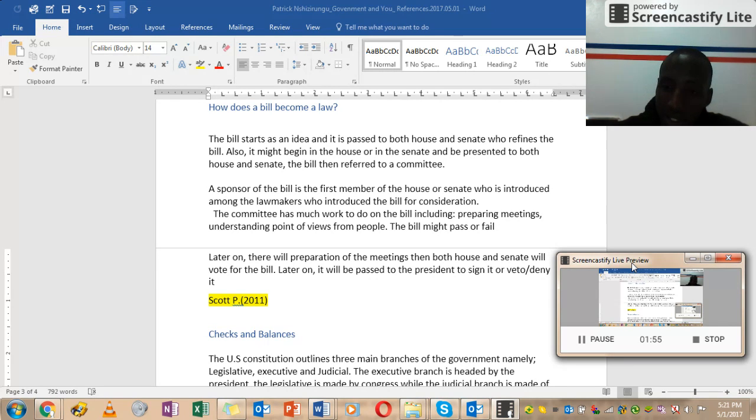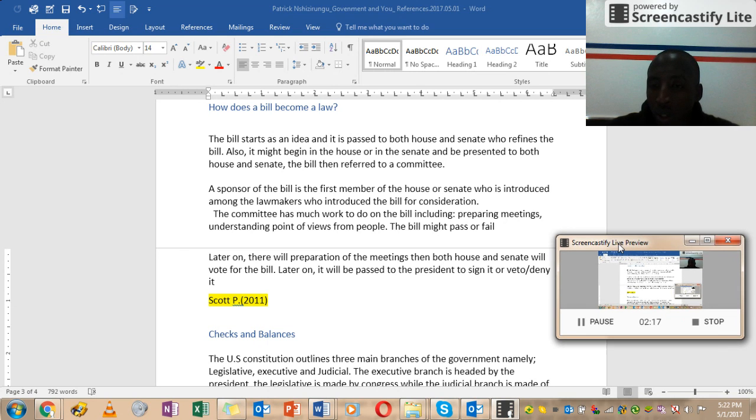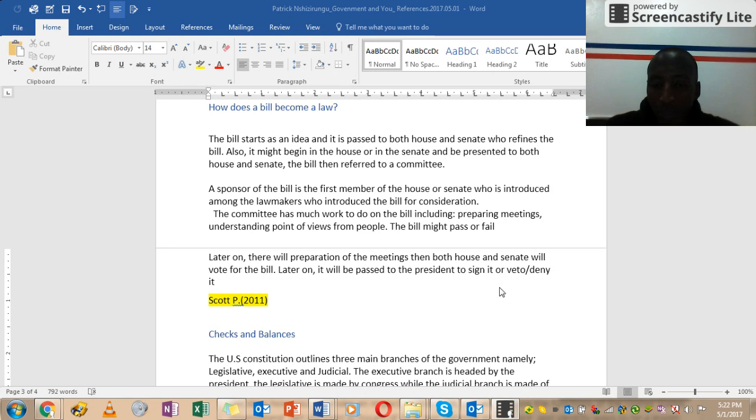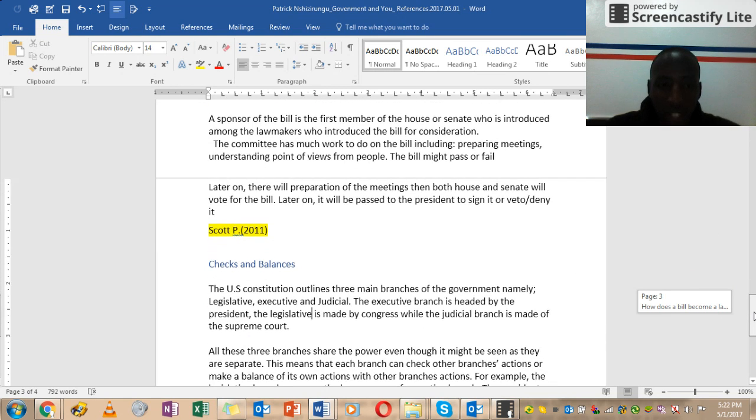If the president denies it, the bill is returned to the House and the Senate, and they might vote again with a two-thirds majority, or the bill might die. A lot of bills get denied and die that way.